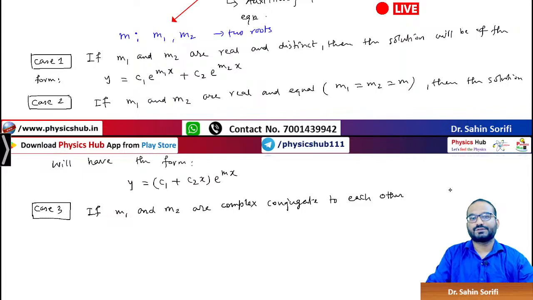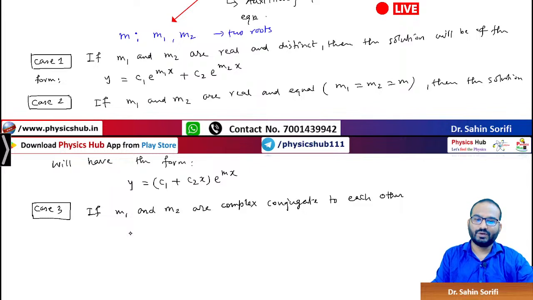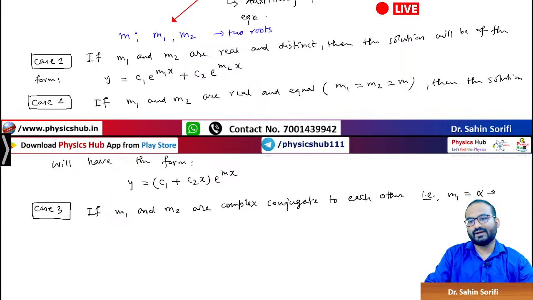Now here one thing needs to be understood: when one of the roots is complex, the other root will be the complex conjugate. This is true every time. So if M1 and M2 are complex conjugates of each other, that is M1 equals, let's say, alpha plus i beta, and M2, let's say, alpha minus i beta, the complex conjugate.